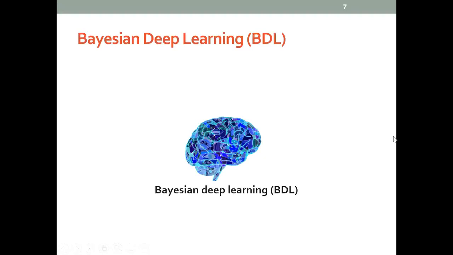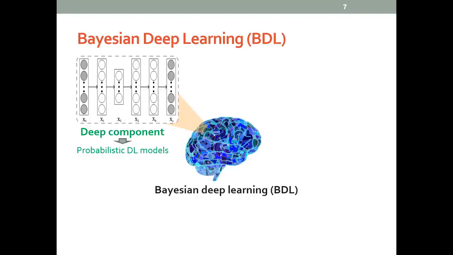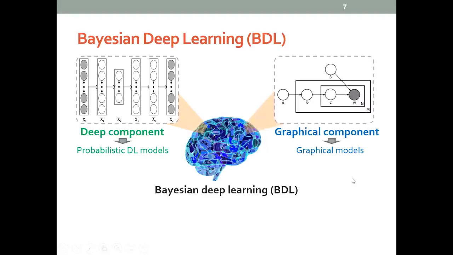Usually in a Bayesian deep learning model, we have a deep component, which is usually a probabilistic deep learning model. And we also have a graphical component, which is usually a graphical model. And the deep component will handle the content understanding of the task, like understanding the text or processing the images.